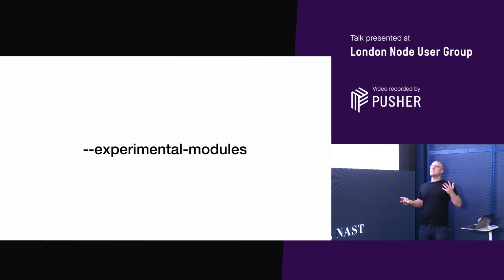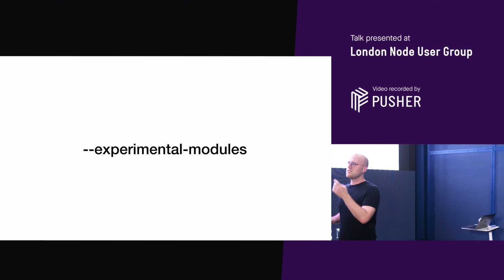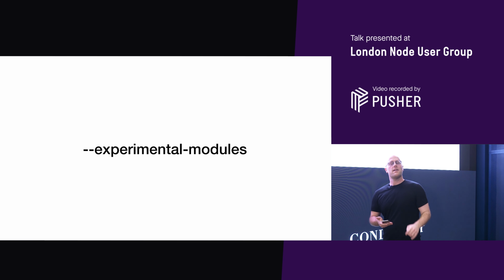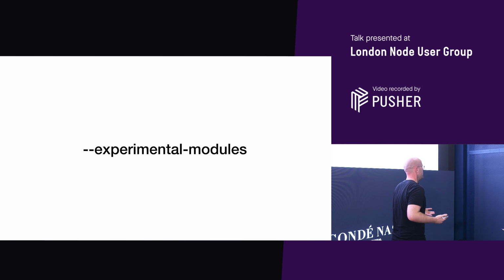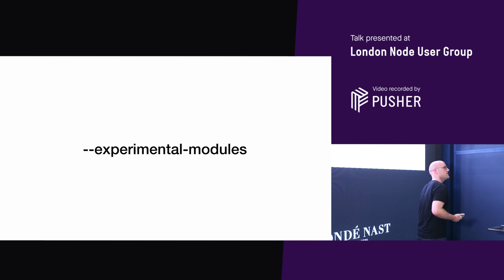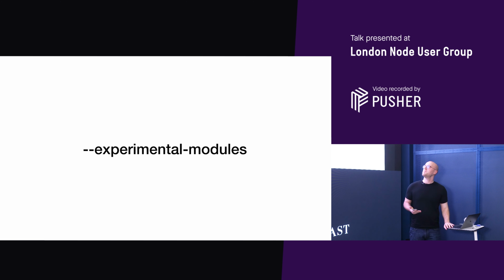Experimental modules is still experimental. Don't use it in production. If you're using some kind of transpiler that lets you have the syntax of ESModules, but doesn't really have the asynchronous module loading, there may be some surprises. Just a heads up. It's not all just nice syntax.